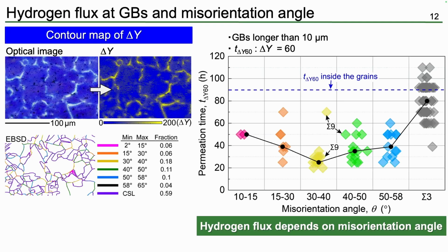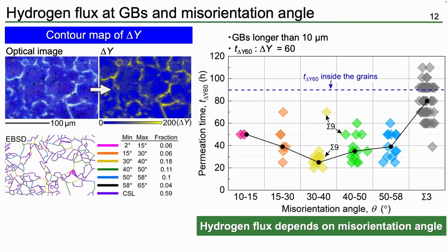In this research, grain boundaries longer than 10 micrometers were analyzed. And furthermore, we defined the hydrogen permeation time T, which is the time when the delta Y reaches 60. So in this graph, the hydrogen permeation time T is plotted as a function of the misorientation angle of each grain boundary.